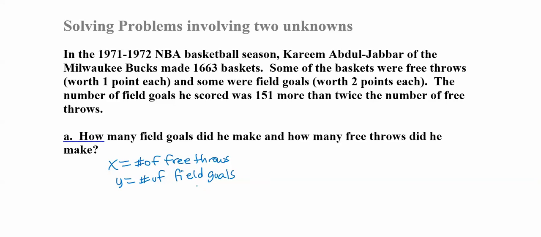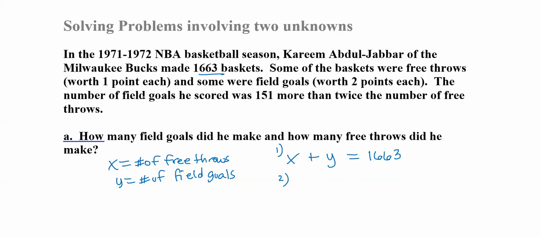Now in the first sentence, it says that he made 1,663 total baskets. So x free throws plus y field goal shots equals 1,663 total shots that he made. So that's my first equation. Now for my second equation, I'm going to use this comparison equation down here.